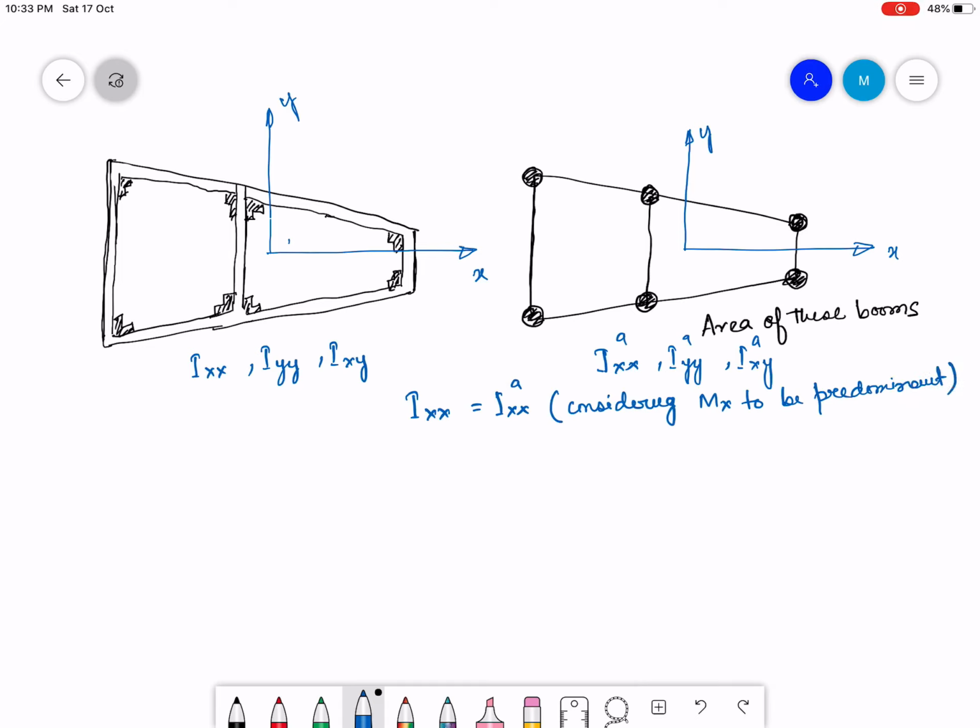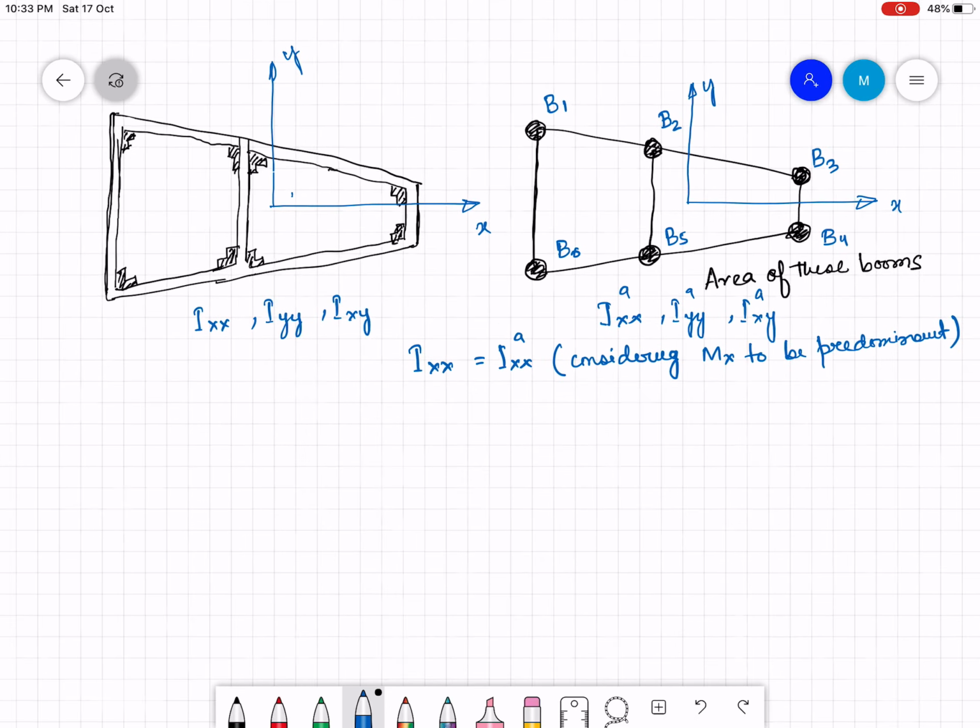Okay, now you can see that these booms are no longer equidistant from the x-axis, right? So let me just name them. Okay, so what do I do in this case?